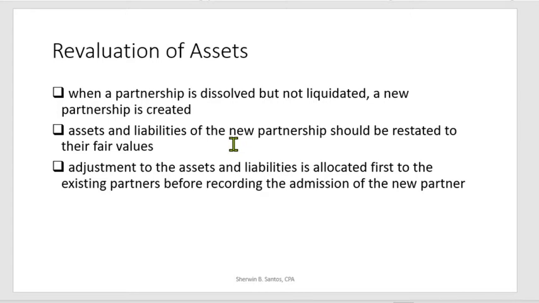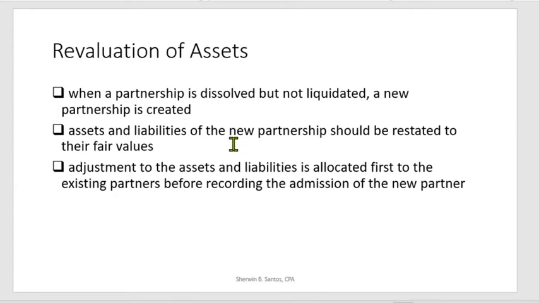So if we create a new partnership by virtue of the dissolution of the old partnership, we have to identify if there are changes in the fair value. If there are no changes, it's easy, because you just forward the balances on the partnership books from the old to the new partnership books. However, if there are changes, we have to restate the items to their fair value.